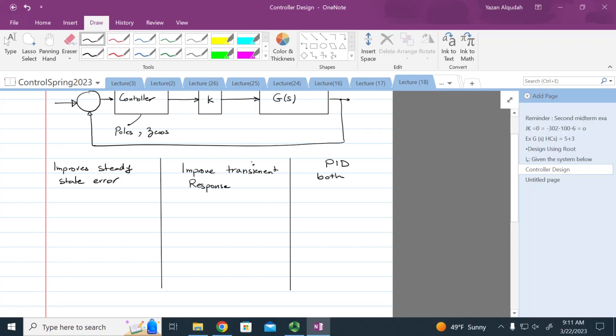Now for the controllers that are going to improve the steady state error, we're going to be looking at 2 types of controller. The first one is the PI controller, which is the proportional plus integral. And the second controller is the lag compensator.